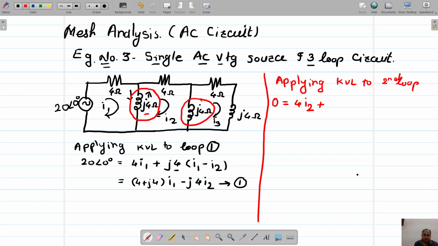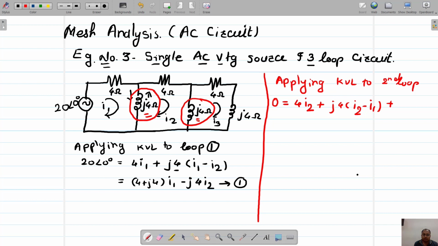Let us consider this one first and then we'll go for the other. From this J4 two currents are flowing, and as we are applying KVL to the second loop, I2 must be larger as compared to I1.